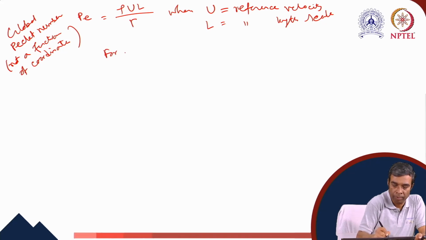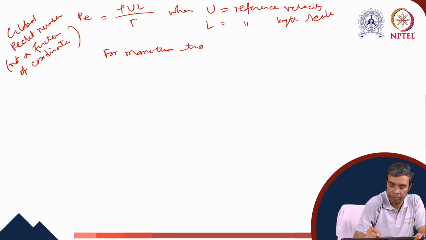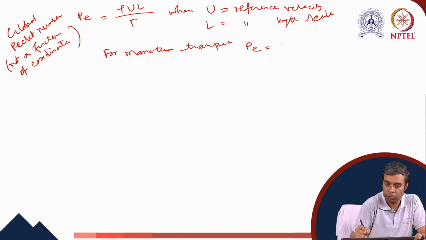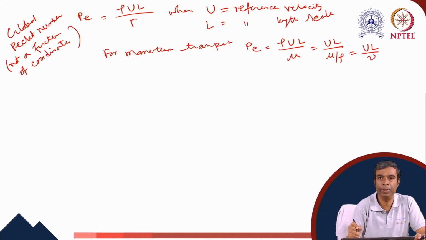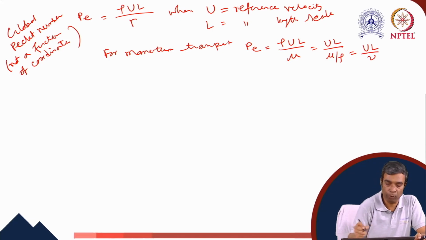For momentum transport, Pe equals rho UL by mu equals UL by mu by rho. So this is UL by nu, and nu is the kinematic viscosity of the fluid.